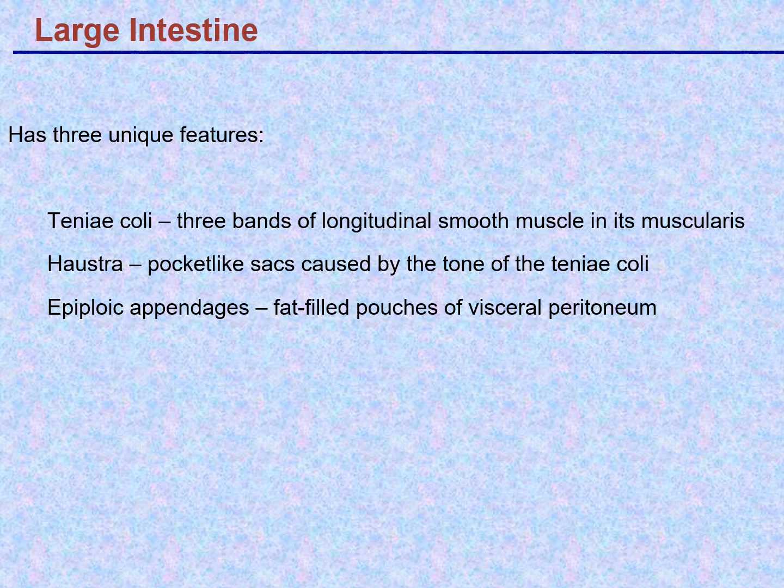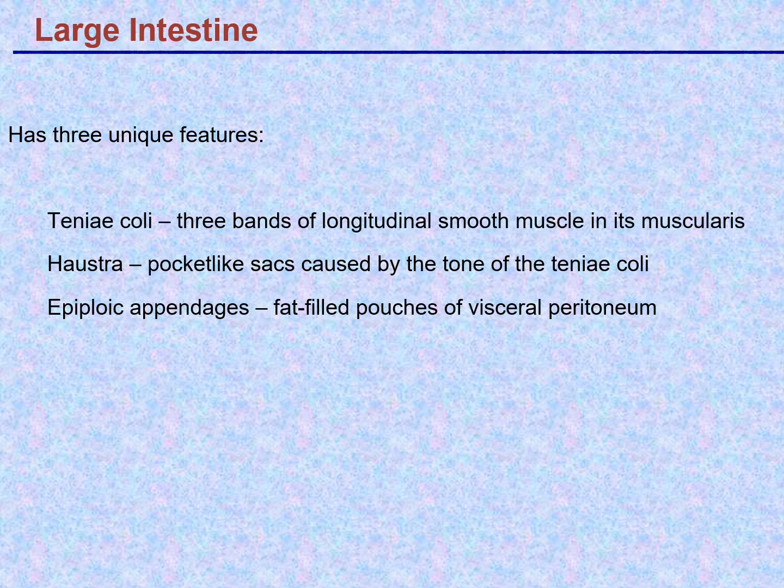The large intestine has fairly unique structures that are characteristic to it, different from the small intestine. It has the taenia coli, which are long longitudinal bands of smooth muscle, three bands all along the length of it. It has these haustra, or pocket-like sacs, arranged all along.